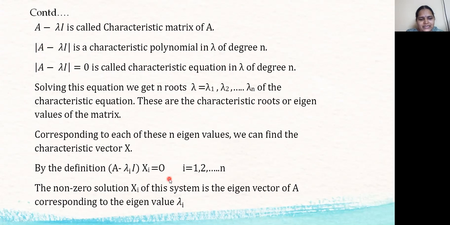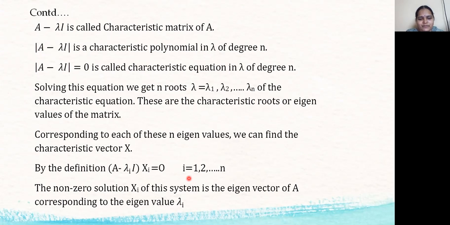If we are finding the eigenvector for lambda 1, then we write A minus lambda 1 I into x1 equal to 0. And in general, for an eigenvalue lambda i, A minus lambda i I into xi equal to 0, where xi is called the eigenvector corresponding to the eigenvalue lambda i, and i equal to 1, 2 up to n.